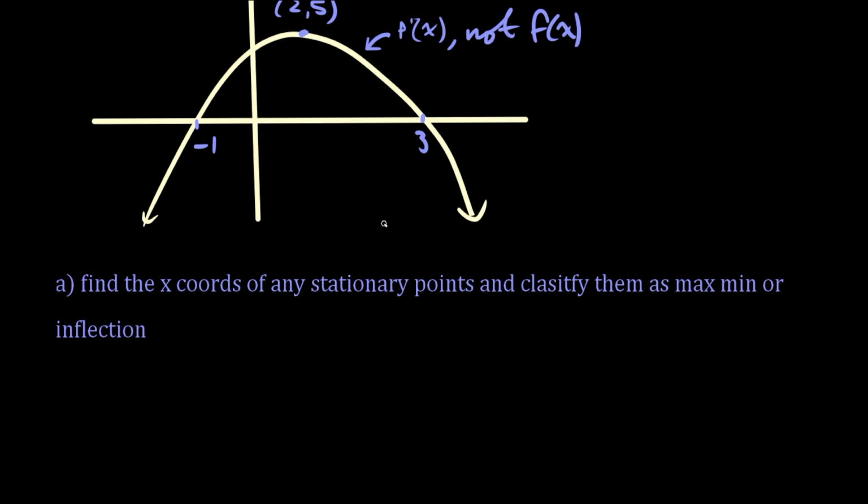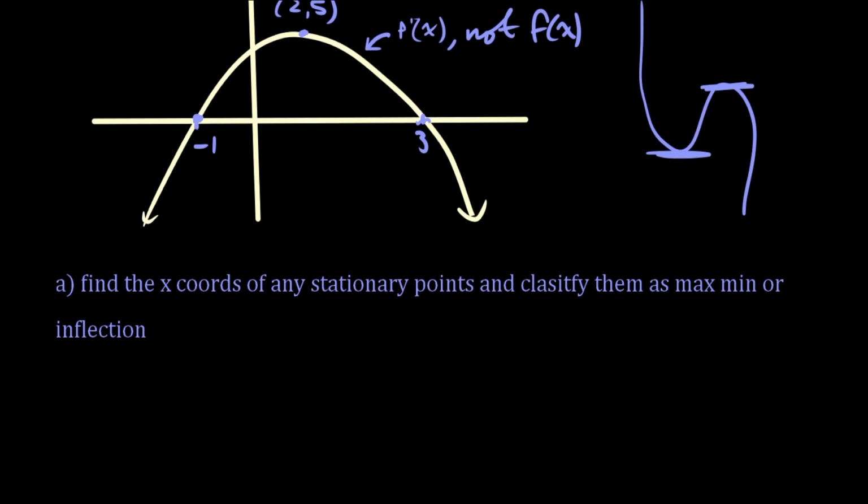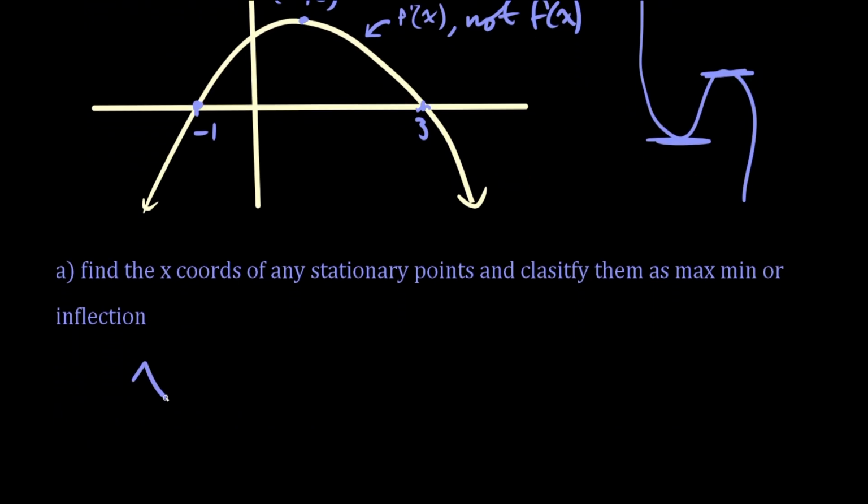So we have a maximum, but remember this is f prime of x, so this does not correlate to what we're experiencing in the real function. These zeros of the function should be stationary points. So the x-coordinate at negative 1, I'm pretty sure that's going to be a minimum, because you can tell it increases to a certain point.